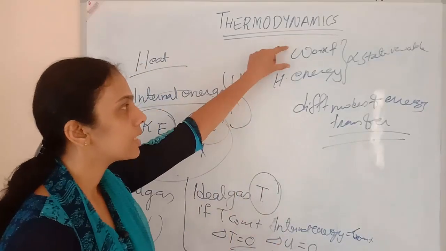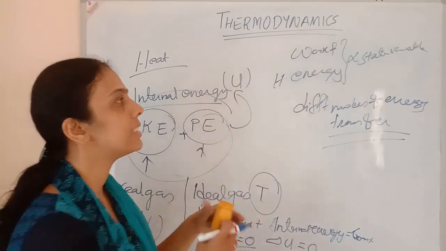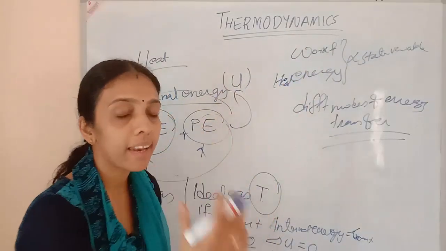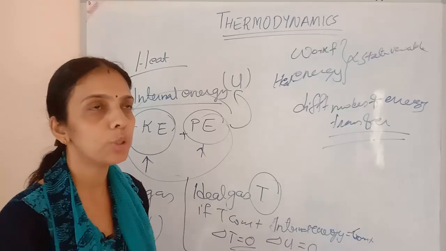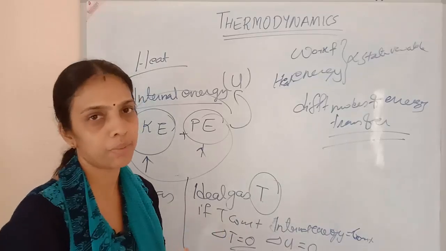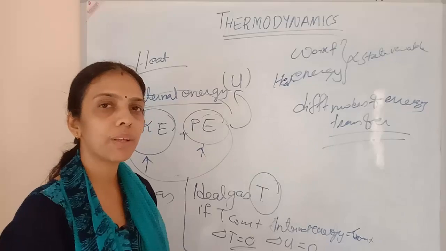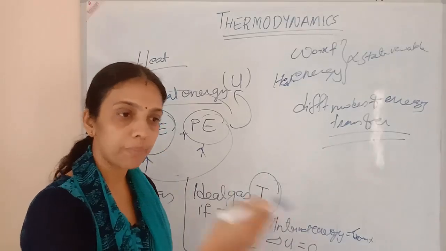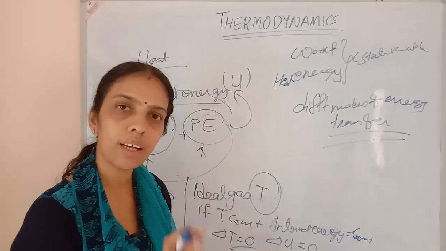So work done and heat energy are considered as the different modes of energy transfer to the system or from the system. We can take energy from the system, or we can give energy to the system, isn't it? Both are applicable.